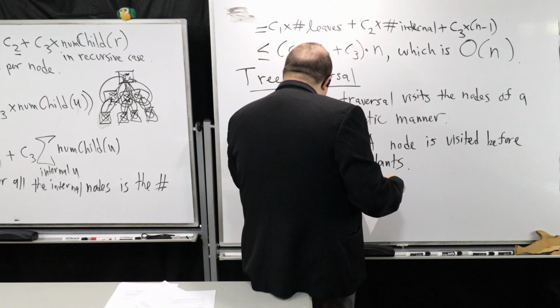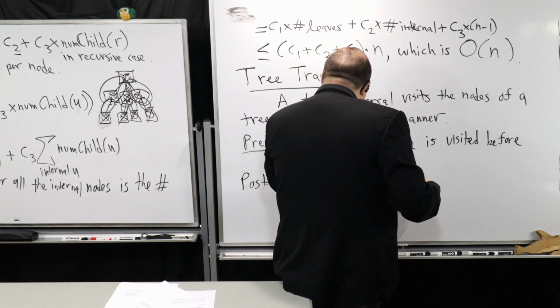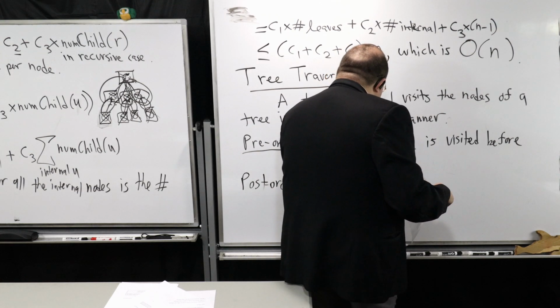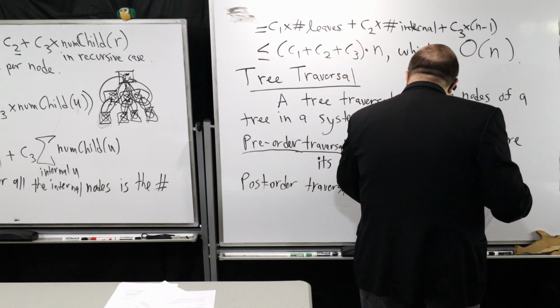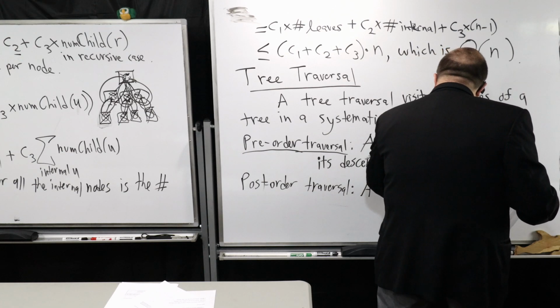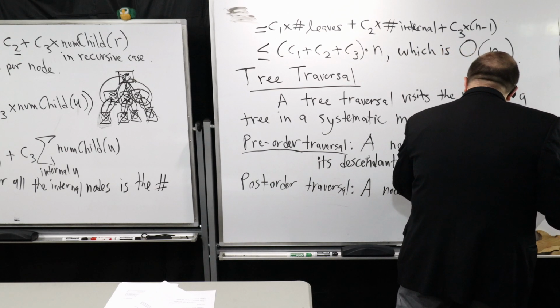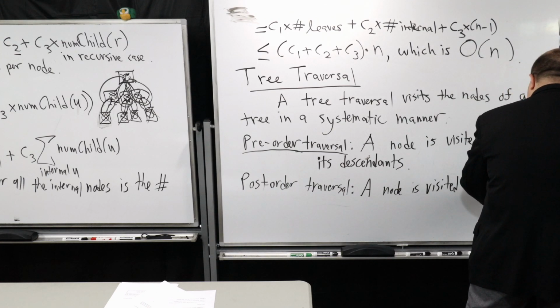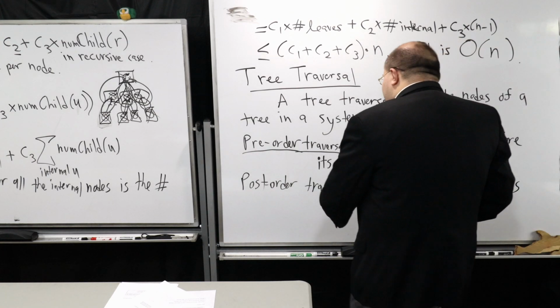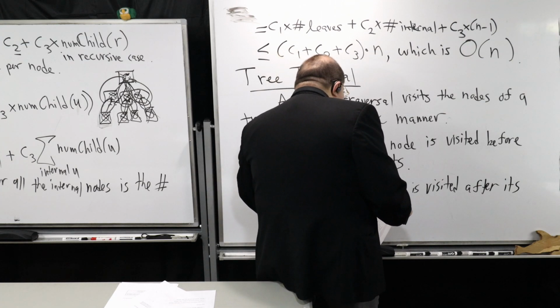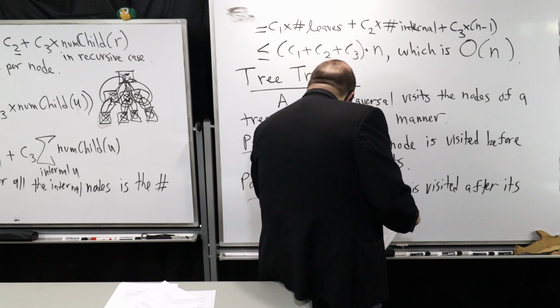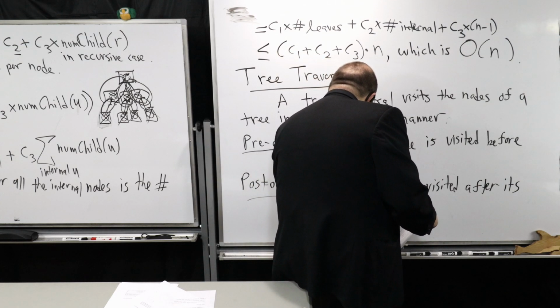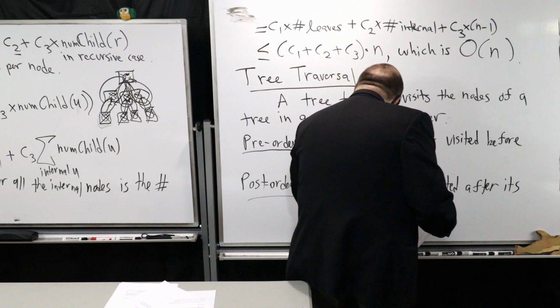So it's a post-order traversal. In a post-order traversal, a node is visited after its descendants. So remember, the idea here is that we're going to have these operations I'm going to refer to as a visit.